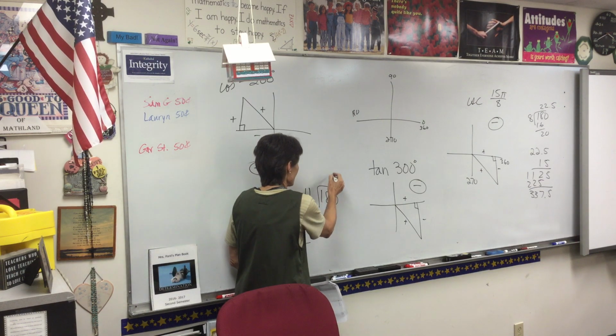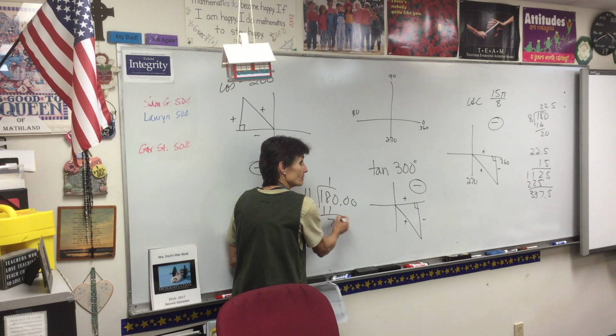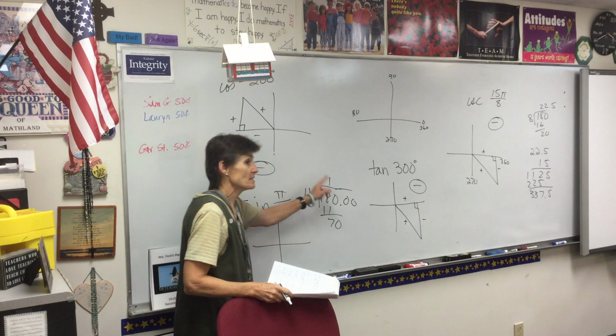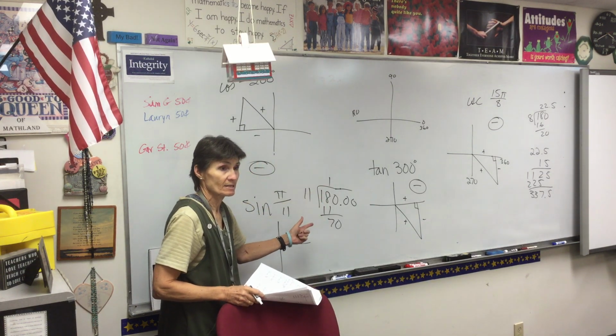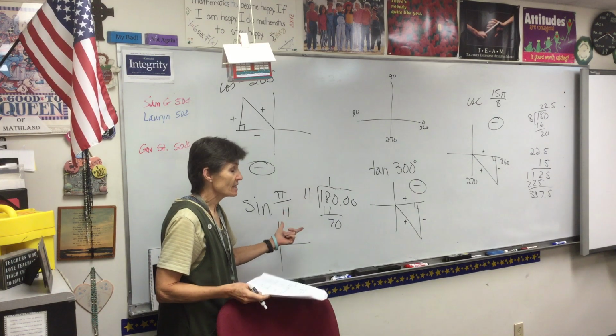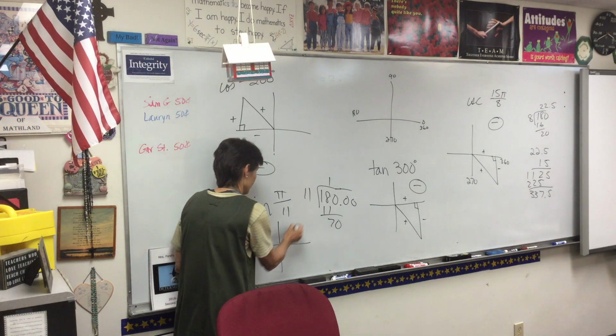So 11 goes into 18 one time, right? Now I can keep going, but I can tell already that this angle is going to be in the teens. Would you agree? And if it's in the teens, where is it? Quadrant 1.